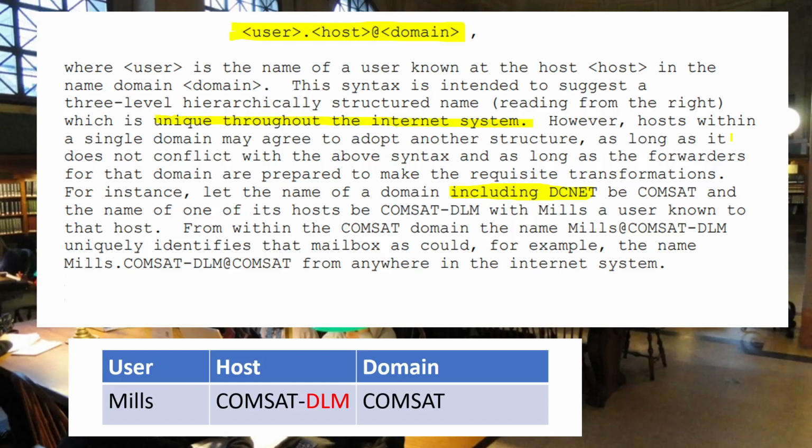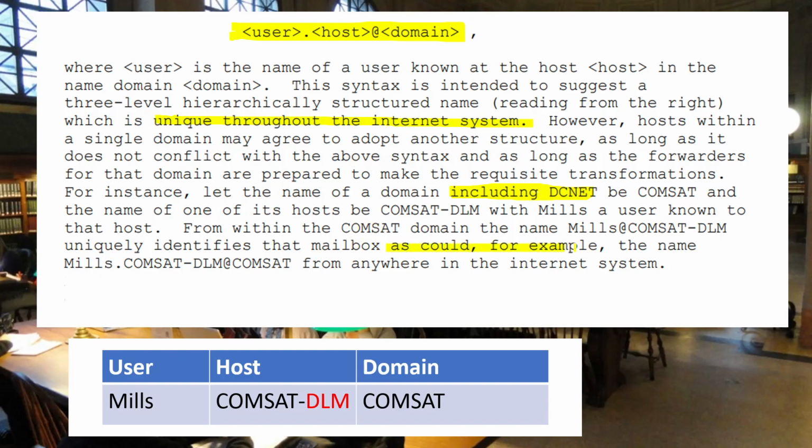From within the Comsat domain, the name Mills at, and then look, he's put the name of the host after the @ sign, Mills at Comsat DLM, that will uniquely identify that mailbox, but only from within the Comsat domain, note.